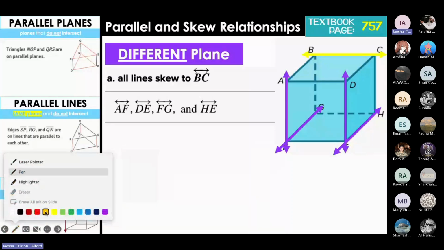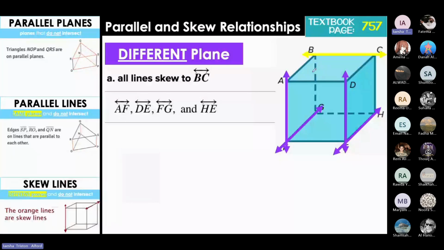Let me color this for you. So here, the top. You cannot choose anything from the top because the top is touching in the same plane as BC. So you cannot use AB, you cannot use CD, and you cannot use AD because it's in the same shape as BC.